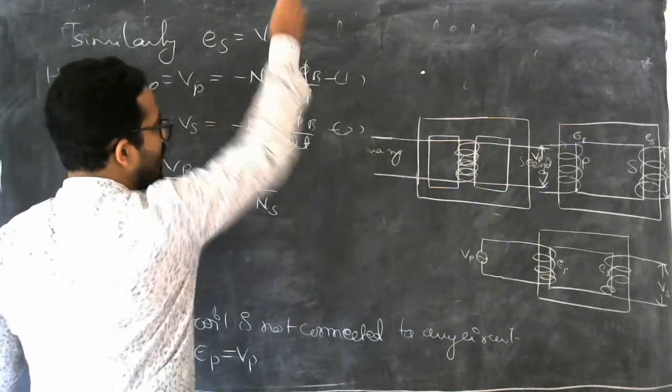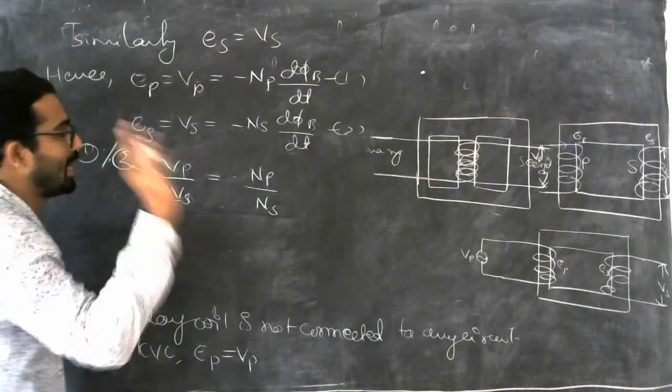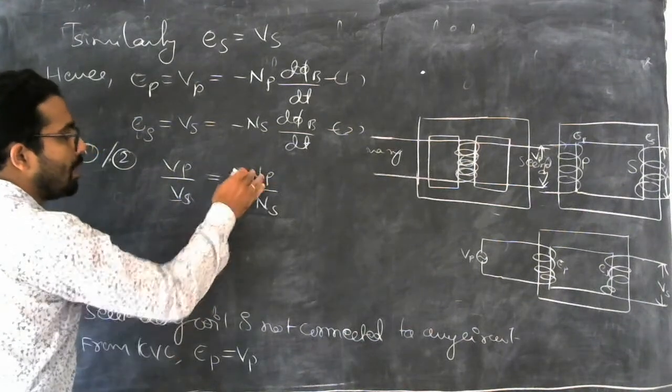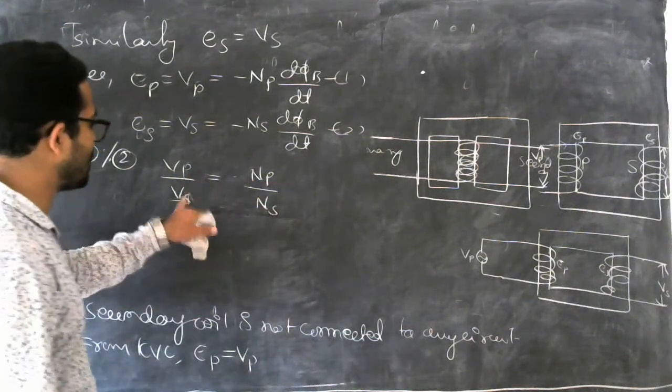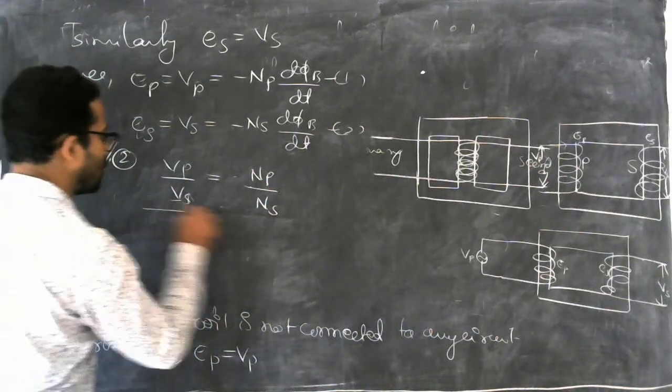The d phi by dt cancels, and the minus signs cancel. So we are left with VP by VS is equal to NP by NS. This is one relation.